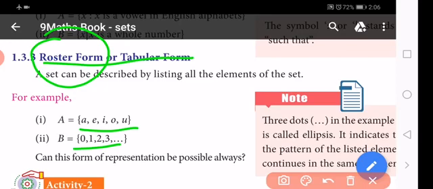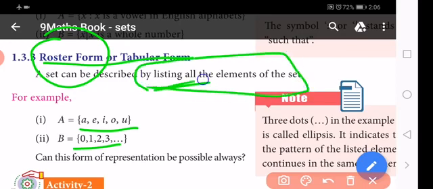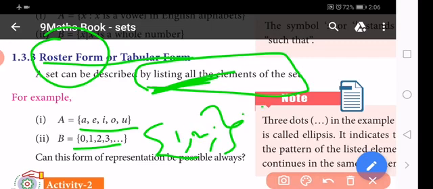In the roster form, we list all the elements of the set inside a pair of braces, that is curly brackets, separated by commas. This is called the roster form.